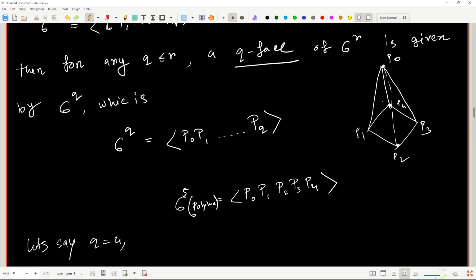It means that I have to build another simplex that only contains 4 zero simplices, right? So if I do that, with Q equals 4, that would be this P1, P4, P3, P2. Okay, that's the face.